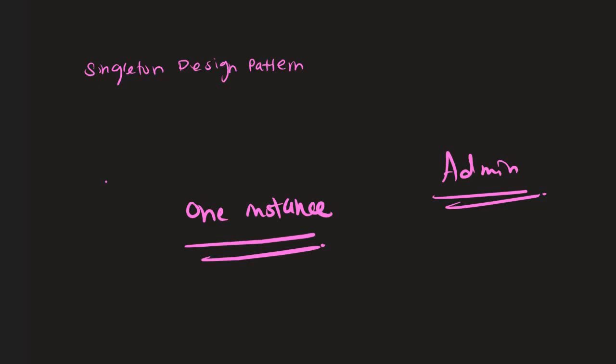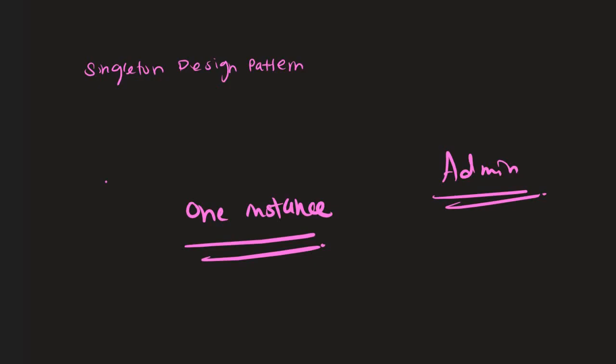And if you're wondering why only one admin, let's say two admins exist at the same time. One could change permission while the other could delete stuff. So you could have conflicting behavior, which is why the system enforces only one admin.